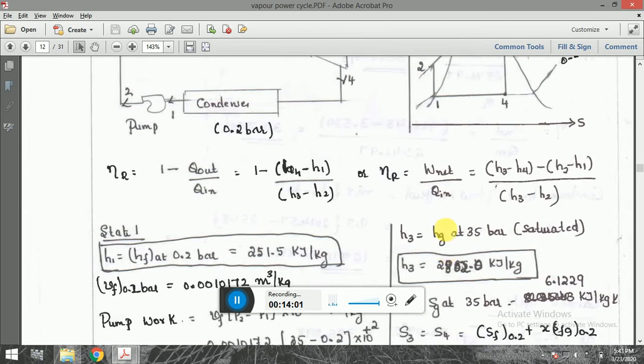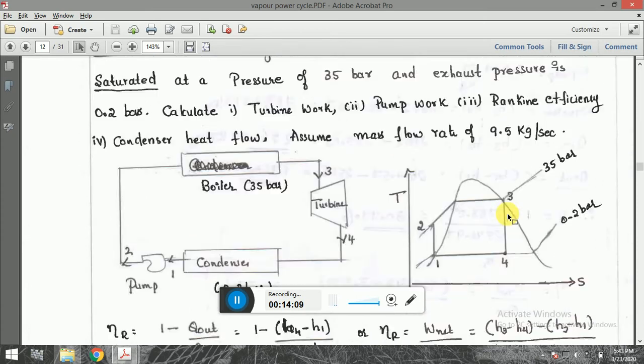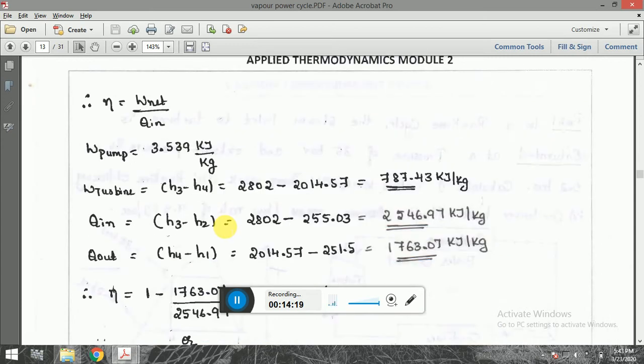Now we are able to find the enthalpy at H1, H2, H3 and H4. Now we can proceed and calculate the turbine work, pump work, Rankine efficiency and condenser heat flow. First is turbine work. The turbine work is equal to H3 minus H4.